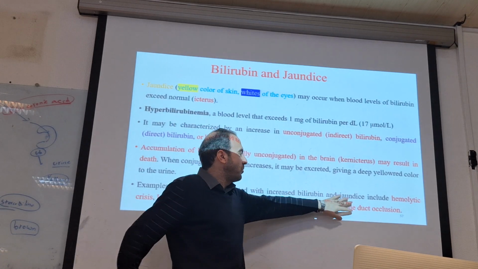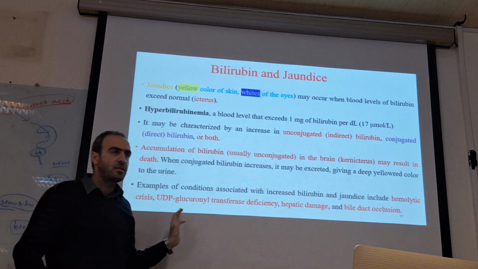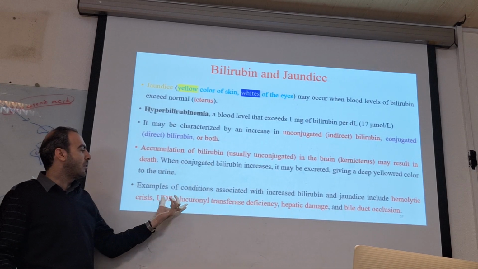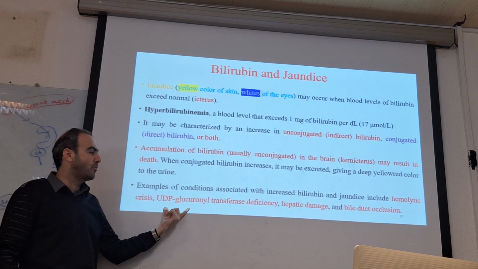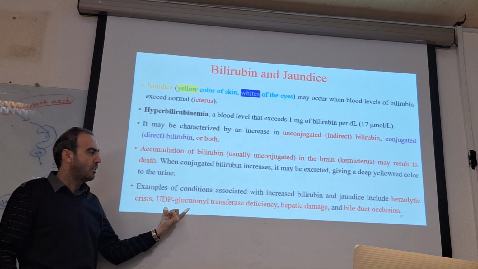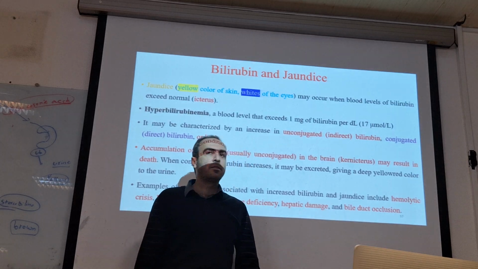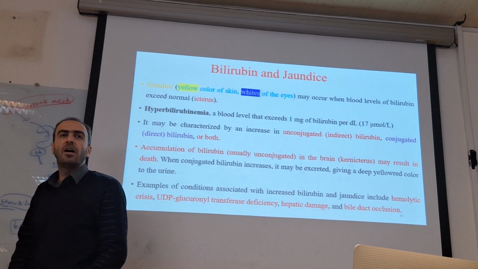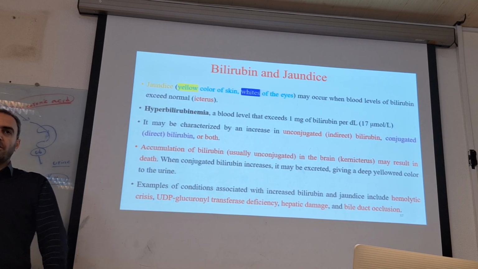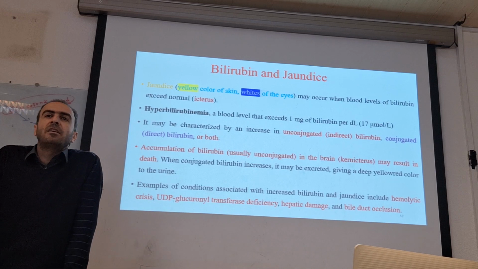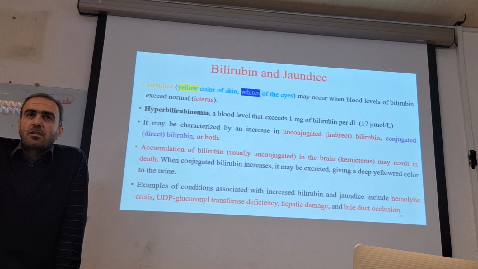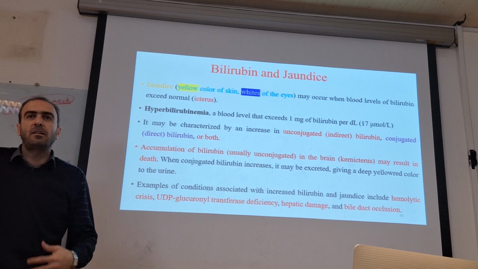The jaundice can be due to a hemolytic crisis, dysfunction of glucuronide transferase, hepatic damage, or maybe bile duct occlusion. Especially you guys are going to work in Iraq. Because of the prevalence of hepatitis in Iraq, they have a lot of problems in their liver.